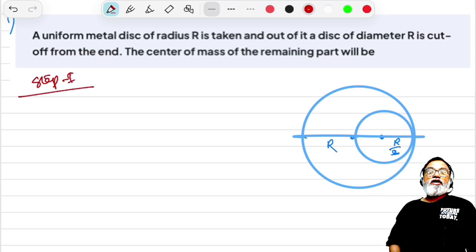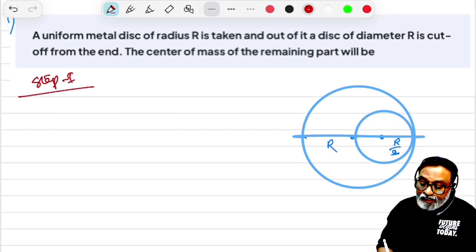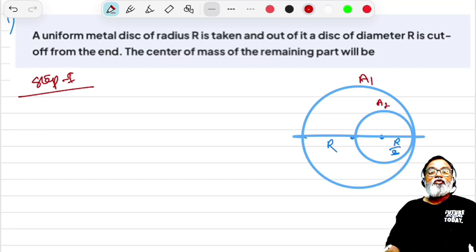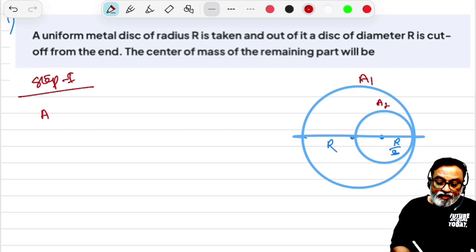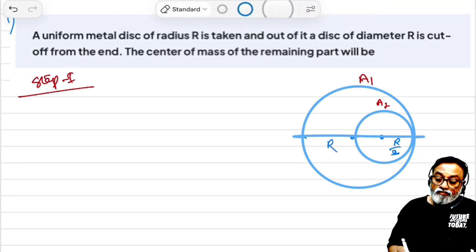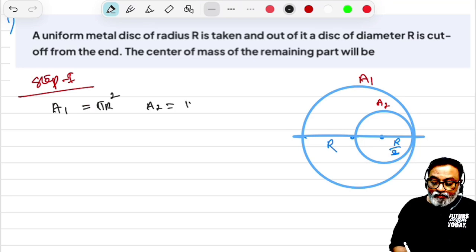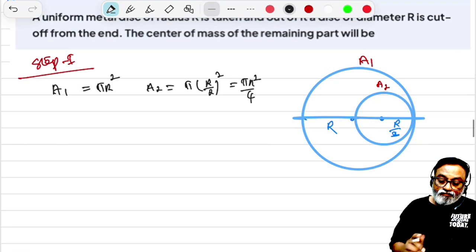In step 1, we have to find the area of the original disc and the area of the removed disc. Area A1 is equal to pi r square. And the area of the removed part is pi into radius r by 2 whole square. This becomes pi r square by 4.